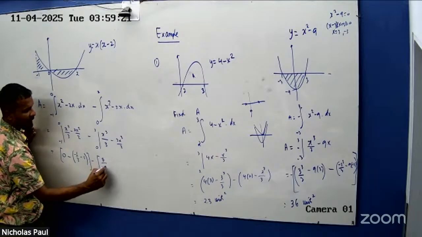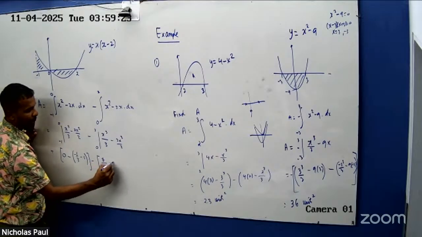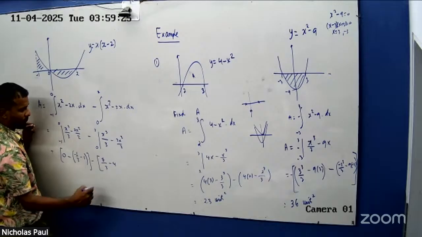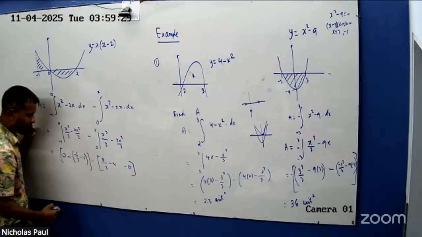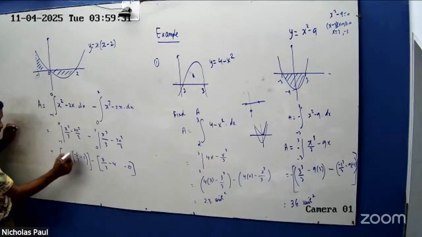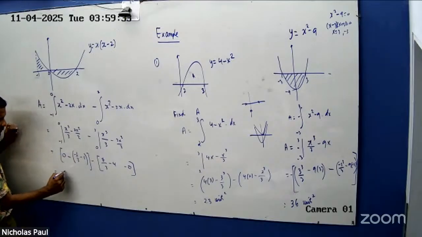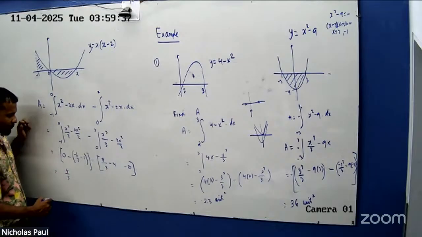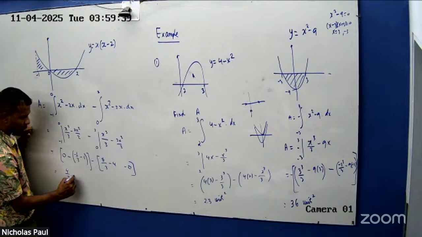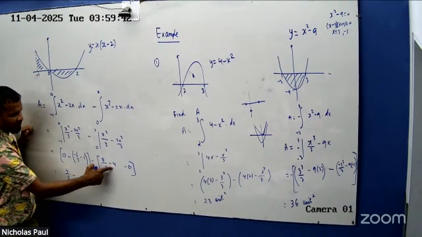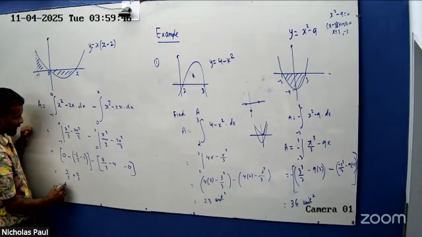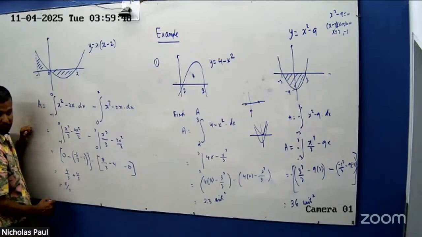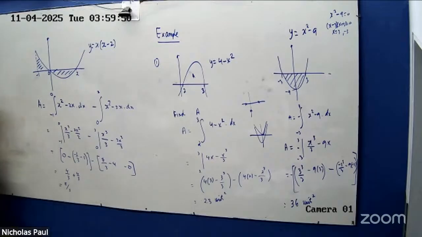I got 8/3, minus 4. When you work out this whole thing, I got positive 4 and 3. Altogether, 8/3.